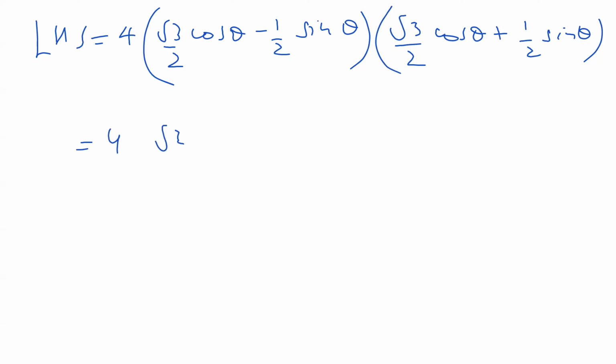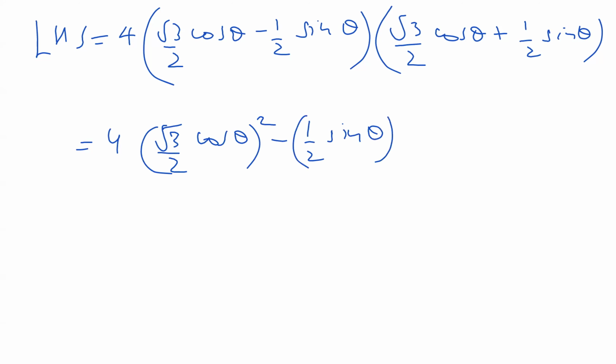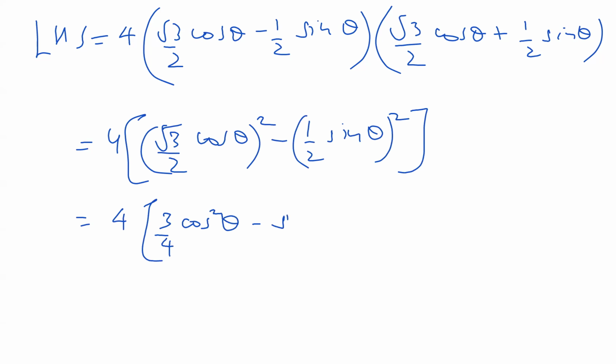So 4 into root 3 by 2 cos theta the whole square minus half sin theta the whole square. I did a minus b into a plus b. Okay. Yeah, a square minus b square. So 4 into 3 by 4 cos square theta minus sin square theta by 4.